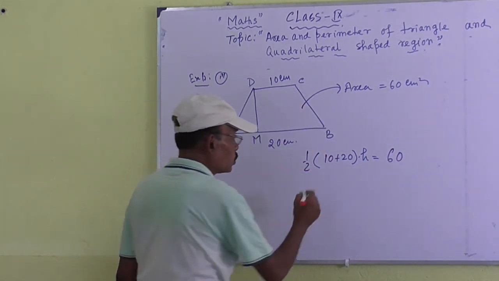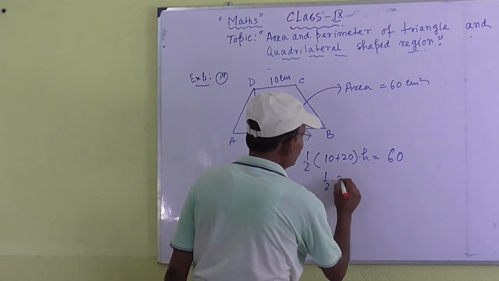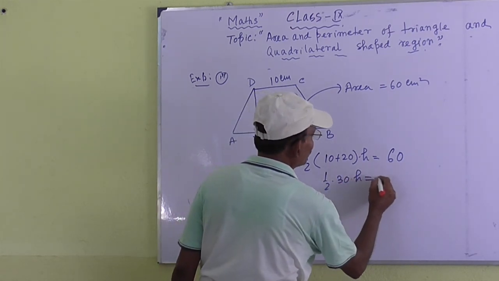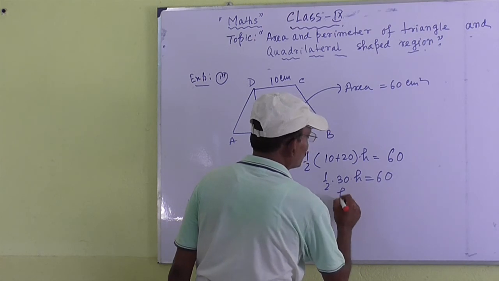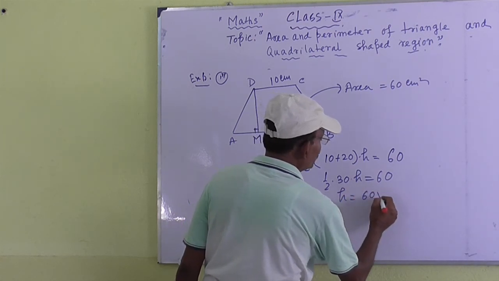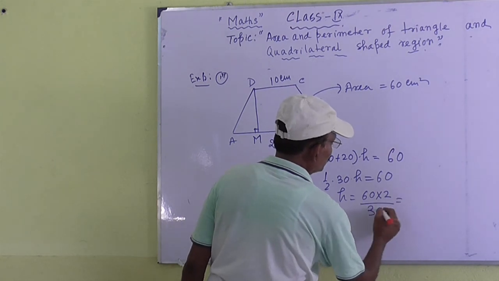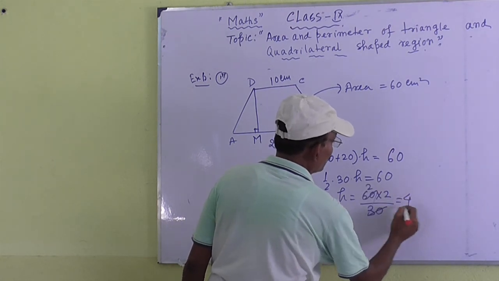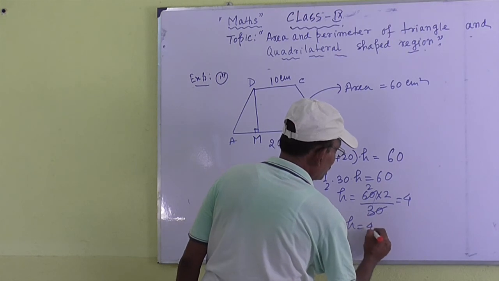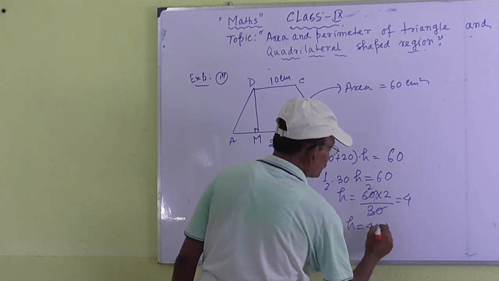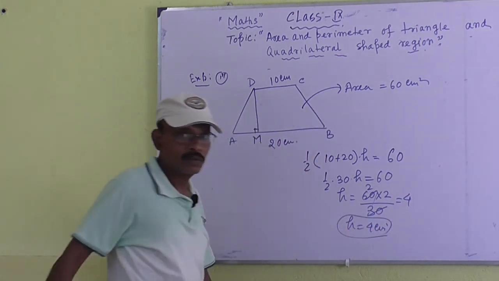Okay. So, half into 30 into h equal to 60. So, h equal to 60 into 2 by 30 equal to 4 centimeter. h equal to 4 centimeter. Okay.